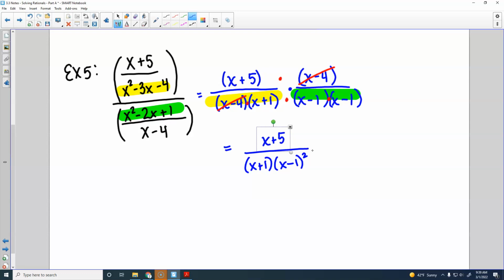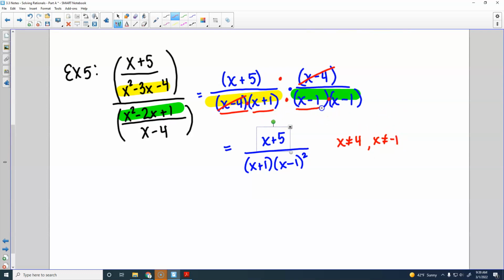So these are also a little bit tricky for your excluded values because anything that is in the denominator ever cannot be equal to 0. So that means that right here, that x minus 4, we will get x cannot equal 4. x plus 1 is going to give us x cannot equal -1.